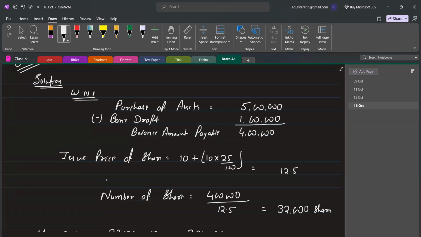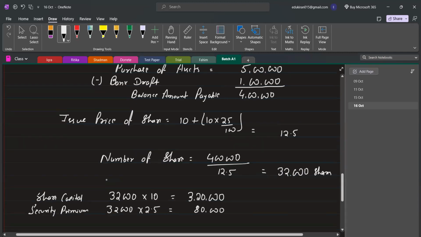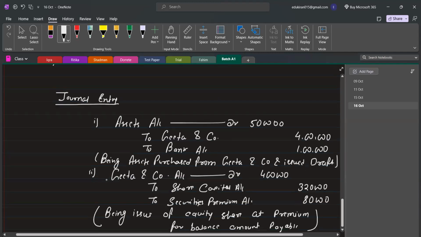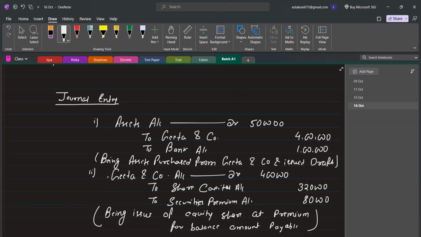Yes, sir. Could you show the second entry? Yes, sir. Done. So this is purchase of assets, our first case. Now the second case.